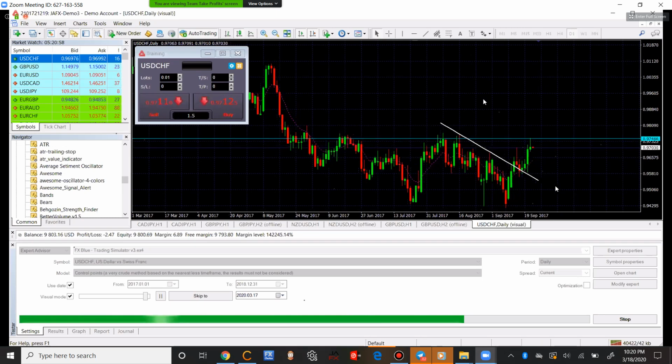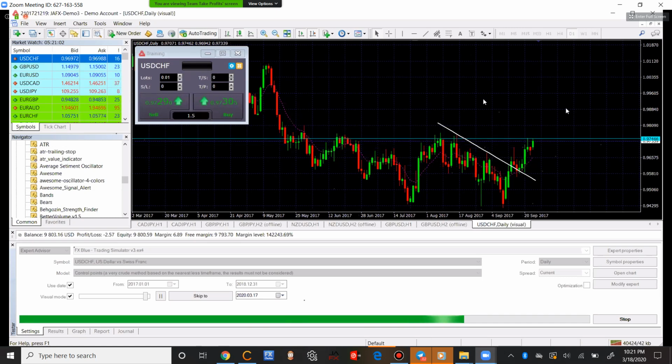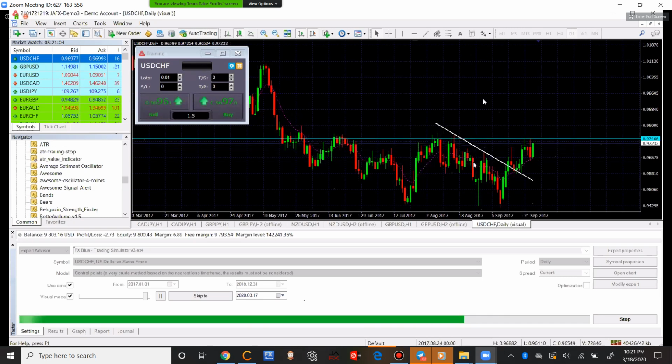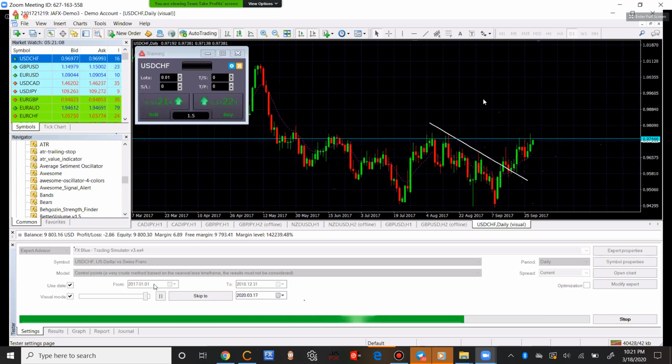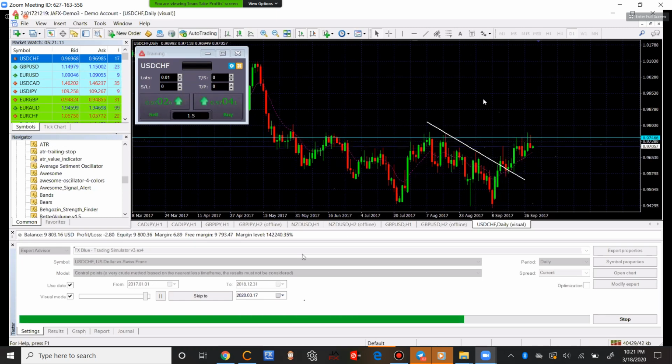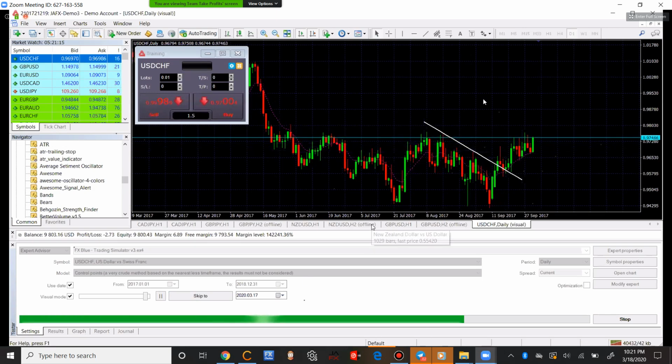It's like, did I want to trade right here, kind of thing. So that's what the FX Blue does. It just simulates the market in whatever time frame or dates you gave it. Does that make sense?